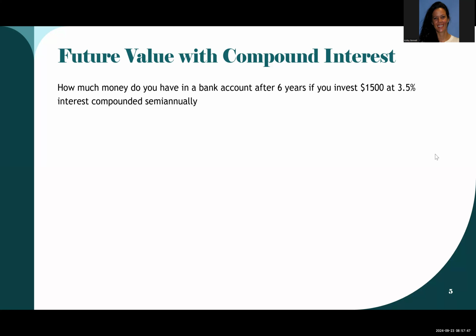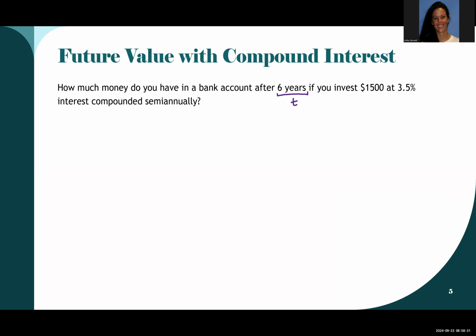So, future value with compound interest. This is the most straightforward way to do a compound interest example. How much money do you have in a bank account after 6 years if you invest $1,500 at 3.5% interest compounded semi-annually? And we're going to pretend there's a question mark at the end of that. If we run through the problem, we can pick out our values.